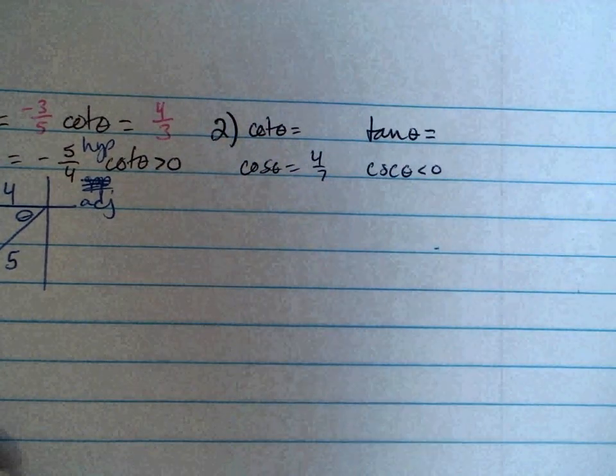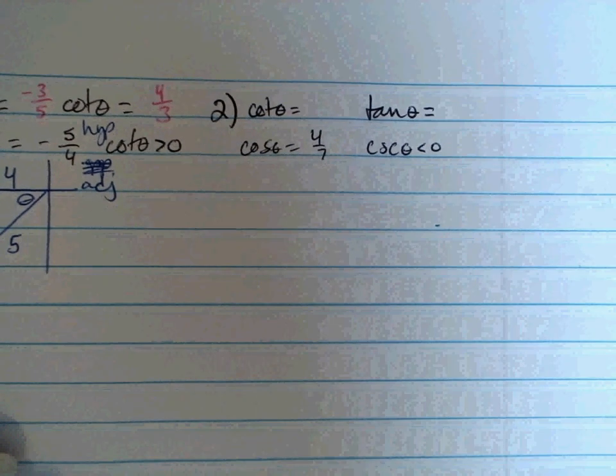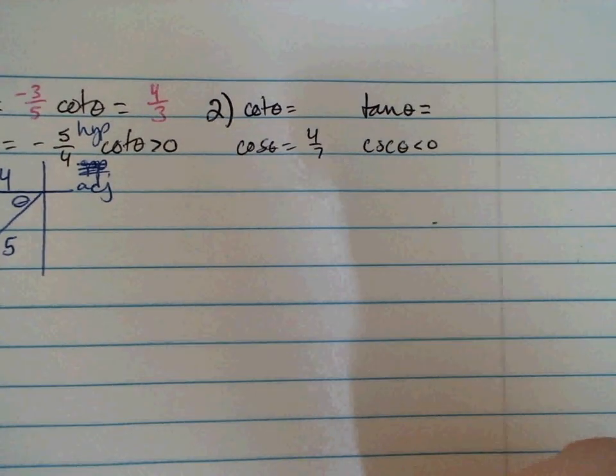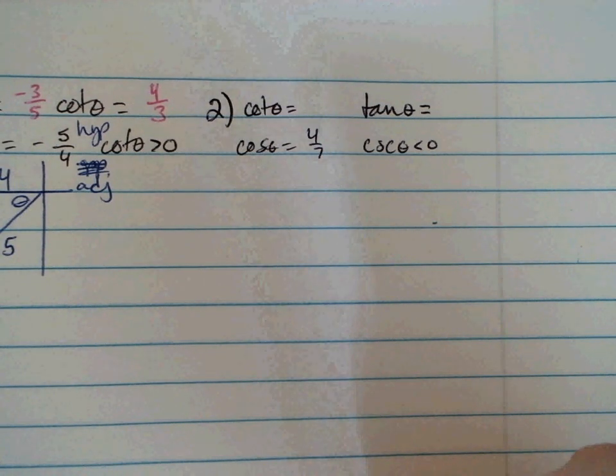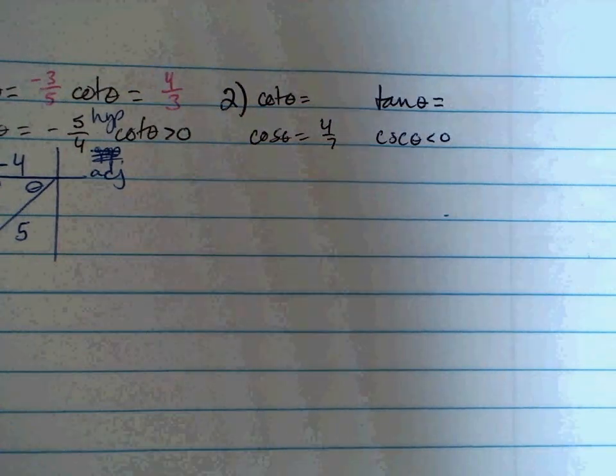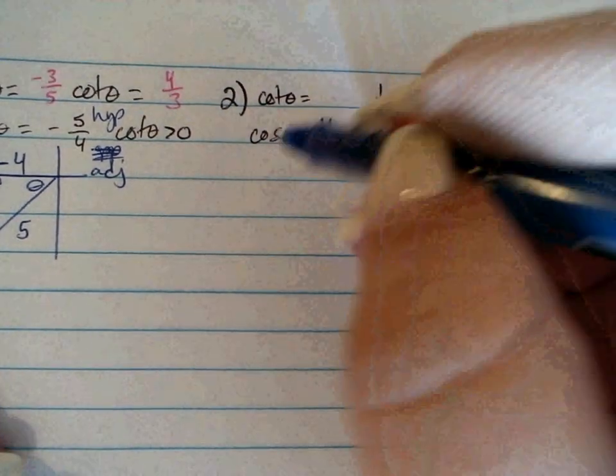Okay, so I've got cosine is a positive 4/7. Cosine is adjacent over hypotenuse again. So the only way that adjacent over hypotenuse is going to be positive is if adjacent is positive.